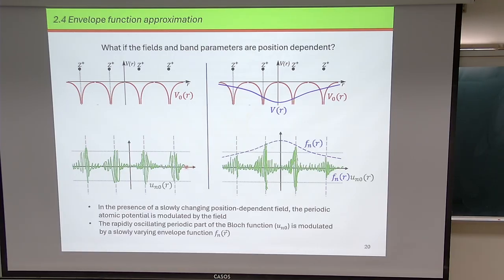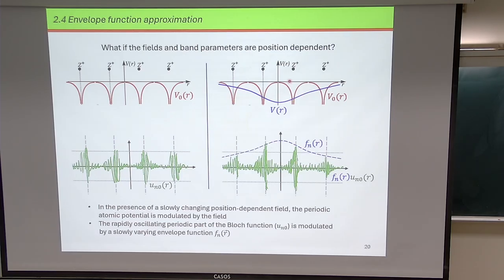But let's say now that you put some electric field or whatever that is modulating the total field. So you have now the field of the atoms, and let's say that you have an external electric potential, V(r), which has this form. This is just for illustration. So what is going to happen? Well, the total electric field at each point is going to change.